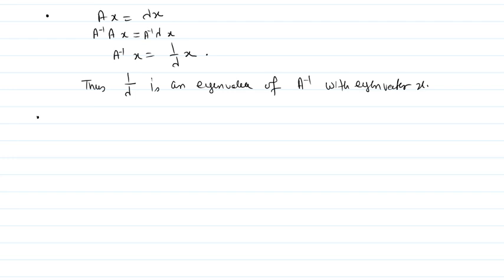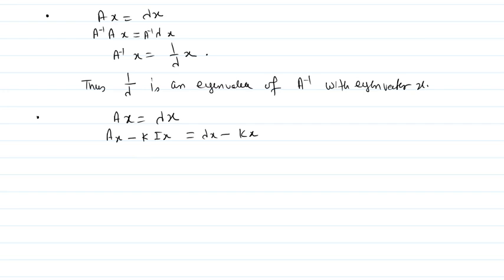Also we can write, if matrix A has eigenvalue lambda with eigenvector x, then Ax equal to lambda of x. Then I can subtract k times x on both sides, so we can write lambda x minus kx. Here k is a number.